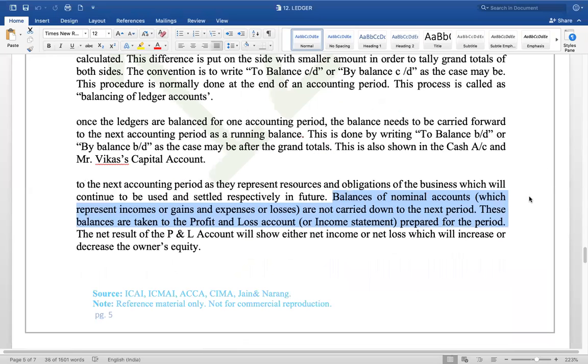Now, again, let me conclude. The three types of accounts: real account, personal account, nominal account.